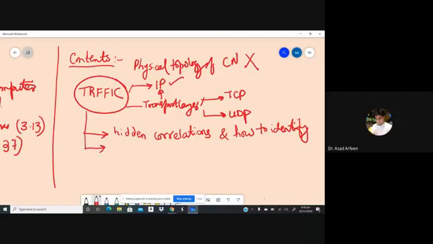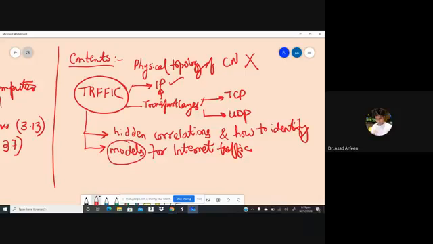And the main thing is that we have to develop models for internet traffic. Without developing models for internet traffic, you cannot understand the behavior of internet traffic. And once the model for internet traffic is ready, these models can help you in many different dimensions.